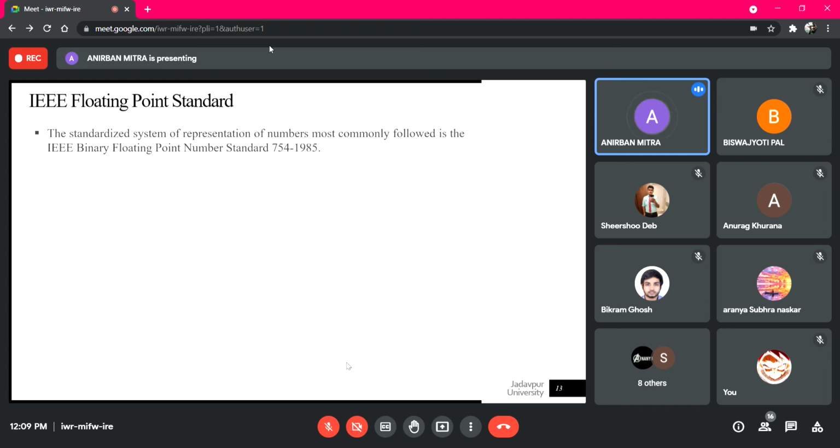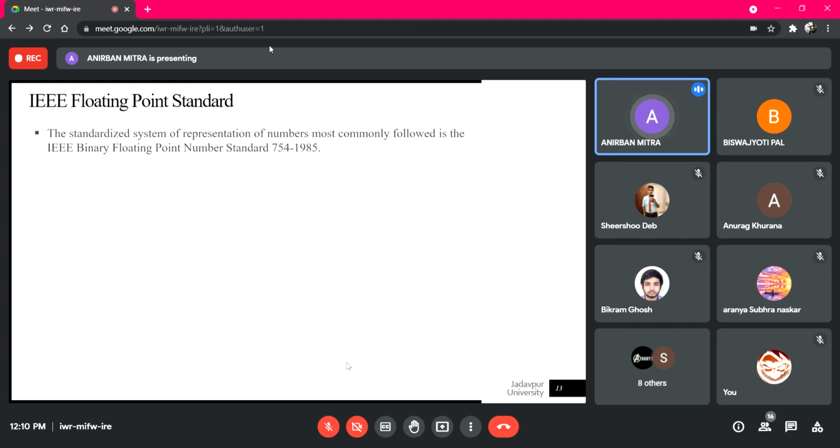It is designated by the number 754 followed by 1985, that is, the year when it was floated and accepted by the computer manufacturers. Now, there is no difficulty in portability. All computers, whether it's a Mac or an Intel-based computer system, will have the same format for floating point number representation.